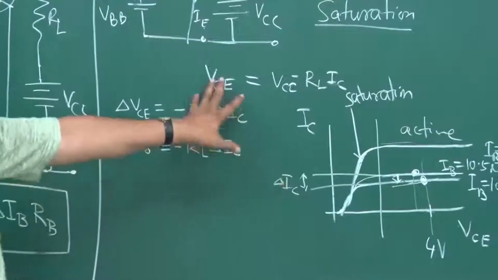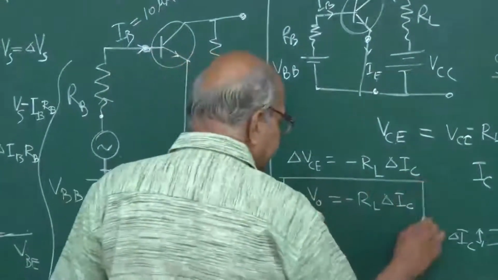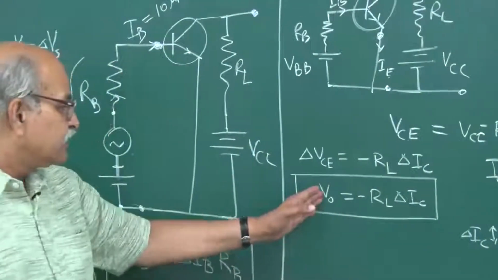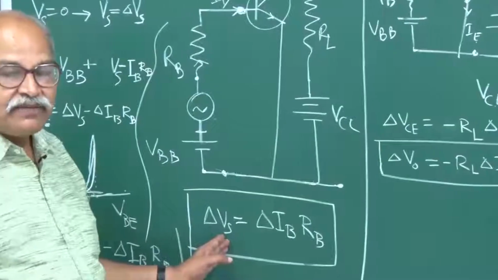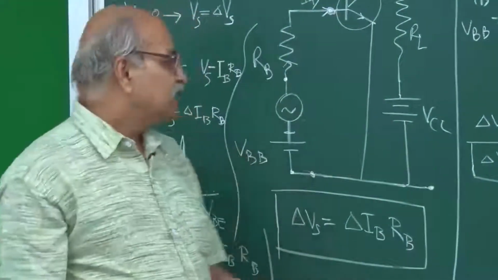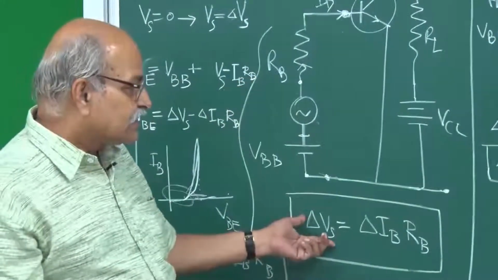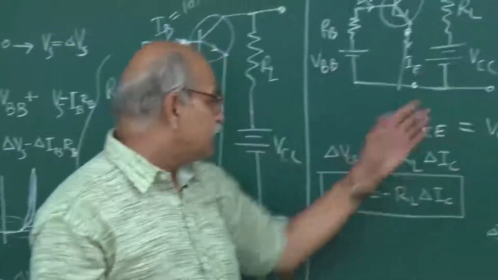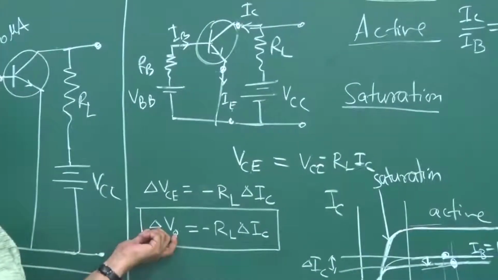So this is how things will work, and if I divide this delta VO by this delta Vs, what will I get? I will get voltage gain. If the signal varies by this delta Vs, this output voltage varies by this delta VO, right.